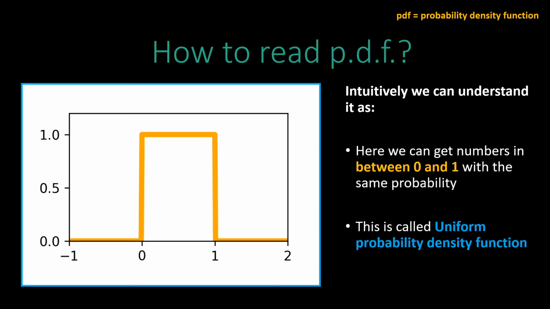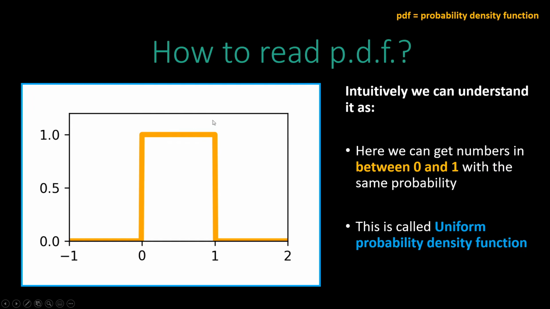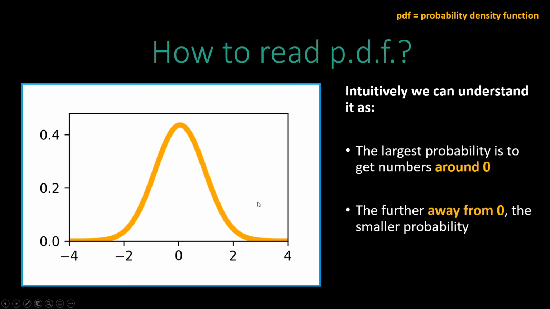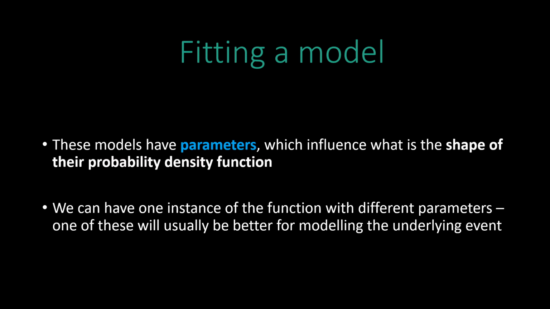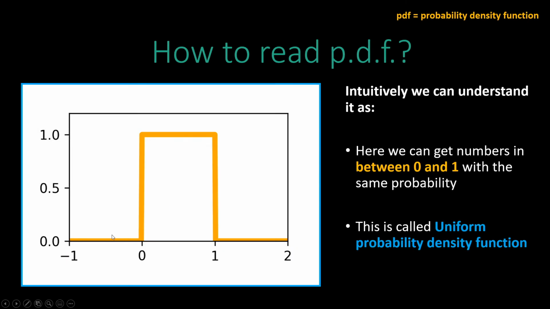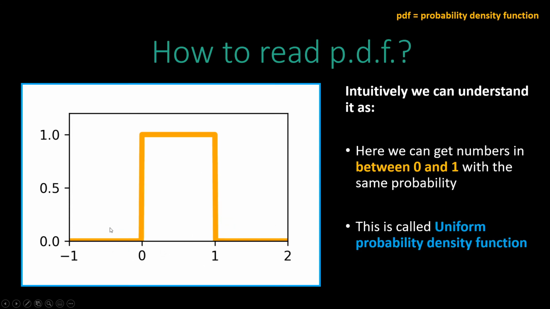Okay. So we talked about these models: these normal models, and then these uniform models. So normal probability density functions and uniform probability density functions. If we were always stuck with one which goes from -4 to 4 and one which goes from 0 to 1, that would be boring.